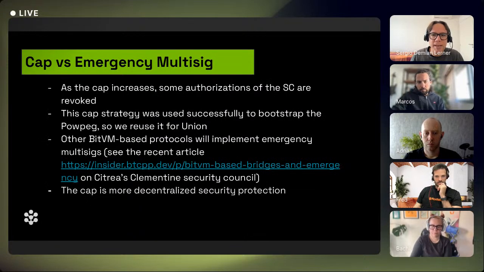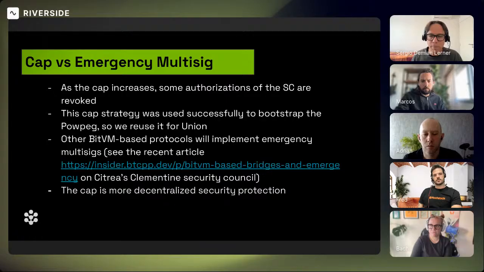The important thing is that once the cap is increased, some of these authorizations will be revoked. As soon as we increase the cap, the Security Council will have no more control of any of these functions. So these two things will be related, to make sure that once the system is ready, the system is fully decentralized, okay?